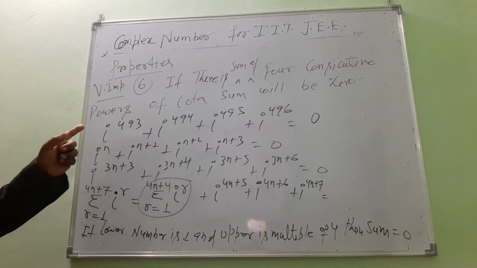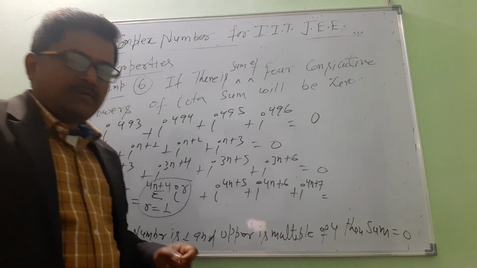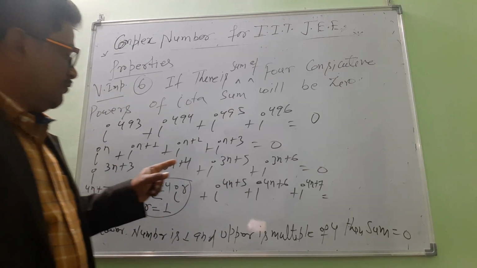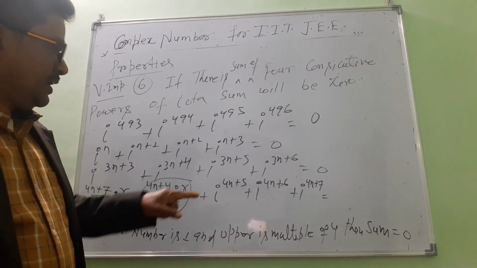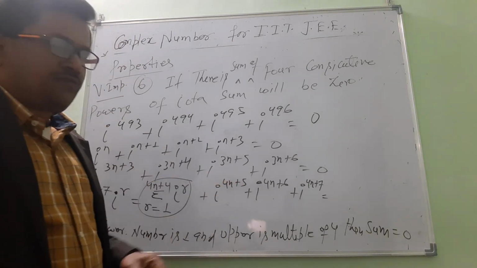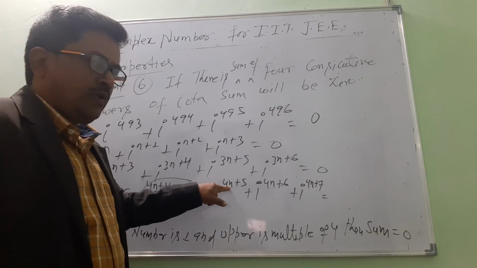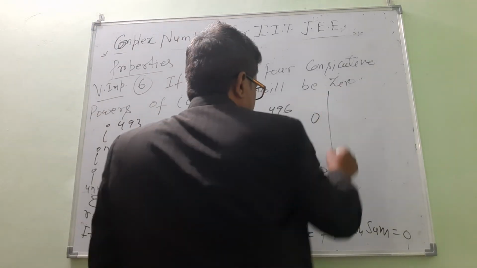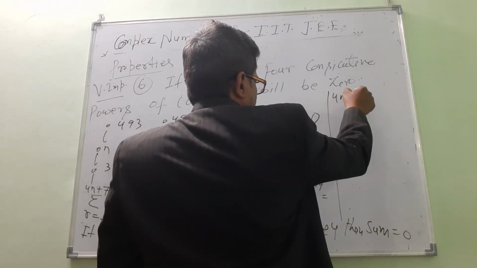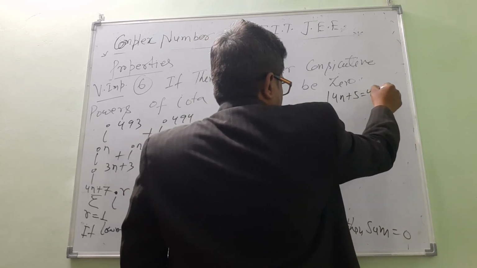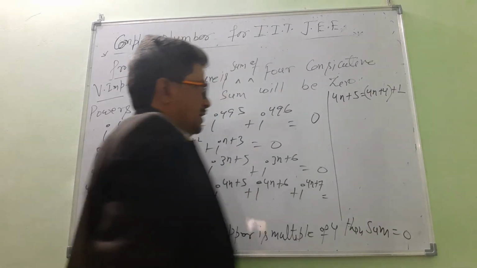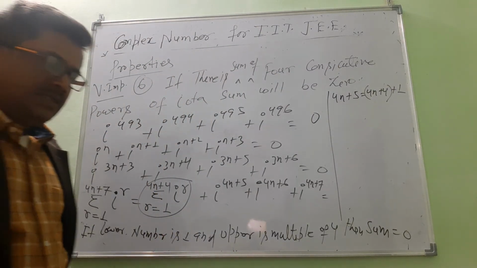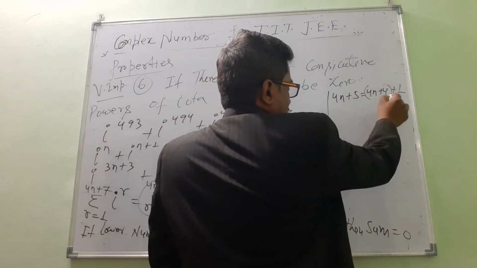We will apply the method of higher power which we have learned. What was the method? Divide by 4 in the power. How will we divide 4n plus 5 by 4? We will write 4n plus 4 plus 1.